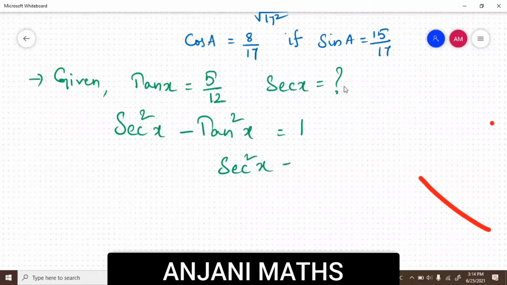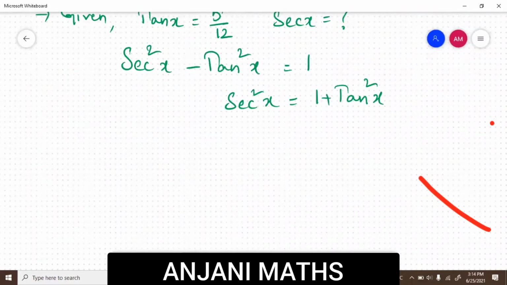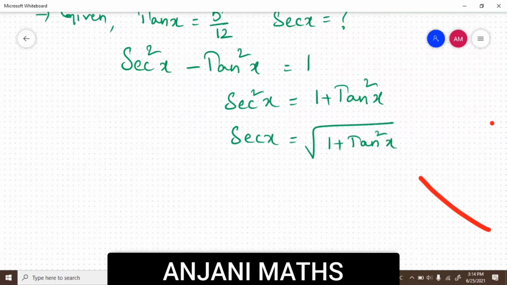So what we need is secant square x. From the equation, what is secant square x? 1 plus tan square x. So what we need here is secant x. Secant x is equal to square root of 1 plus tan square x. So that equals square root of 1 plus 5 by 12 whole square.